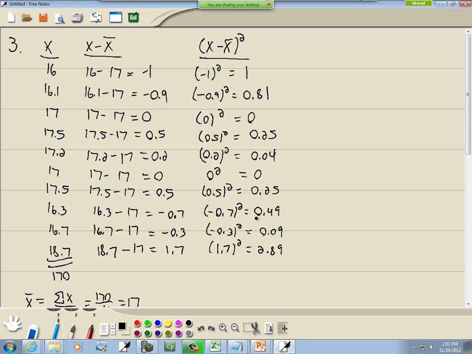Let me double check those. I have them listed here in my calculator already. Okay, that looks right.